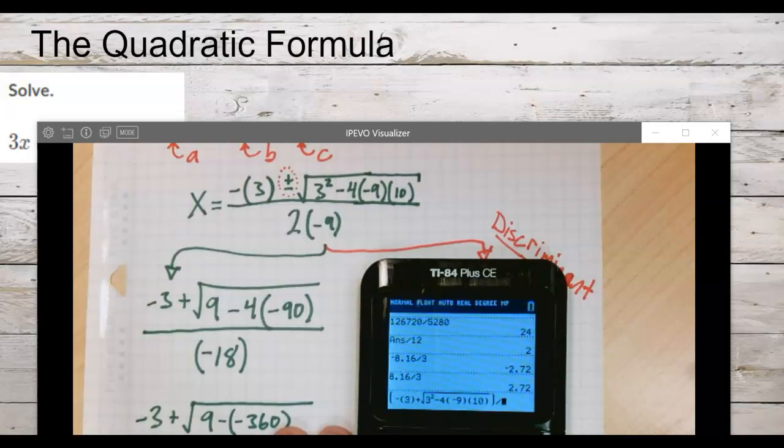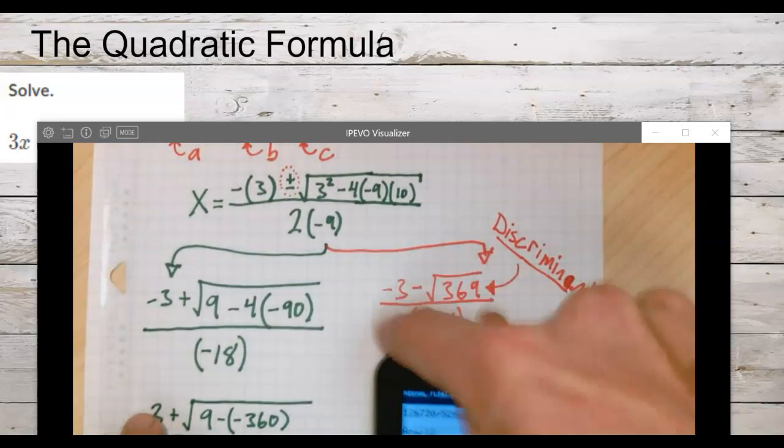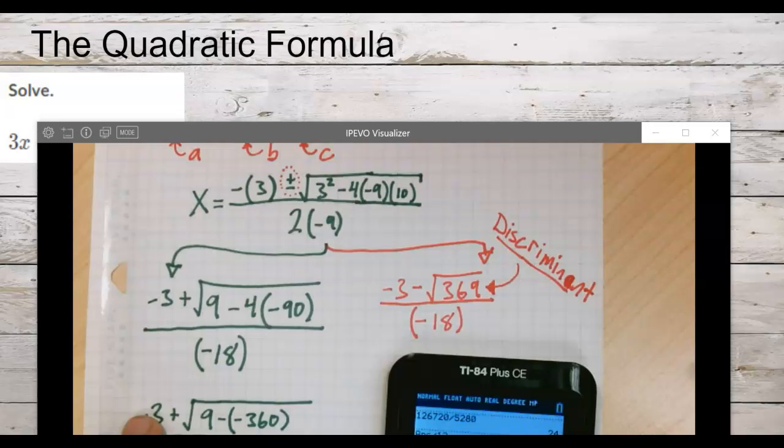Then I can divide by, and I'm going to group the denominator, 2 times my a. So notice that my denominator will need parentheses for the -9 and parentheses for the 2. There's a reason I've typed this all out in this complicated way, more than what we simplified out on our paper.